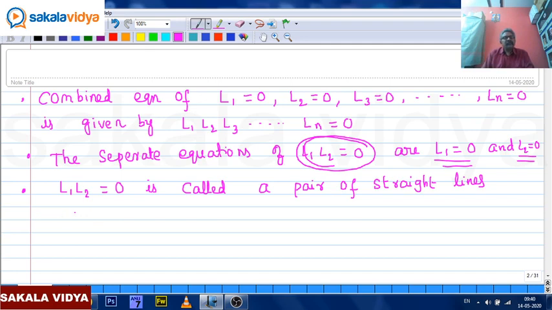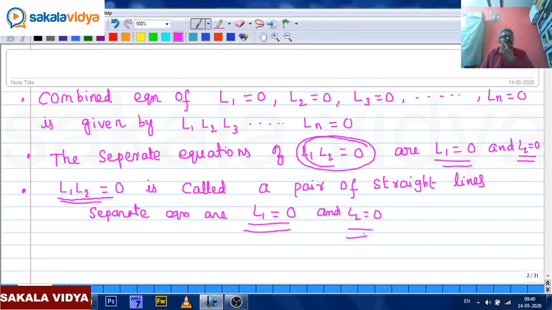So that means here separate equations are L1 is equal to 0 and L2 is equal to 0. That's why this L1 into L2 is equal to 0 represents a pair of straight lines whose separate lines are L1 is equal to 0 and L2 is equal to 0.